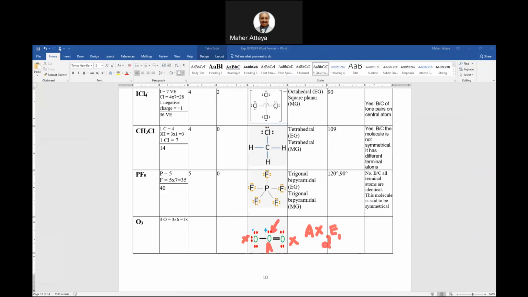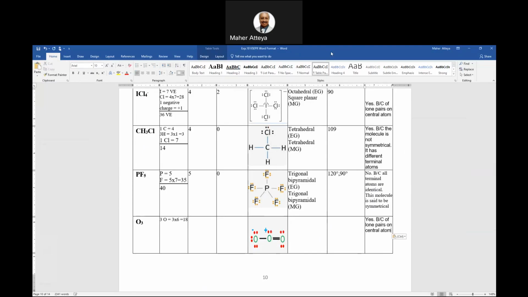So let's take this one out. Now we know that's AX2E1, that's the code of it. Is it polar or non-polar? Well, we go for the central atom. Since the central atom has a lone pair, it has to be polar. So we'll copy and paste this here, and then we'll write in front of it: it is polar. It has to be polar because it has one set of lone pair on the central atom, correct? Now, how many bondings do we have? We have two bondings, one single, one double bond.